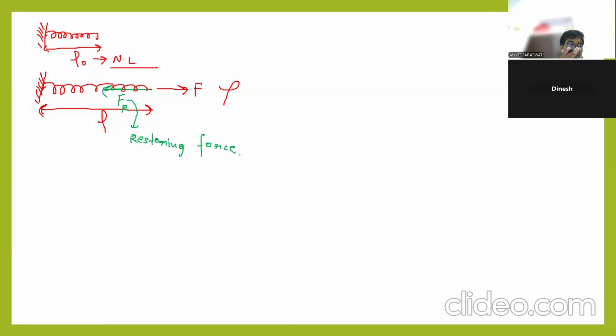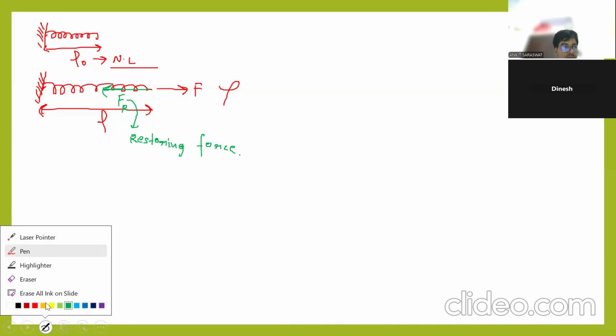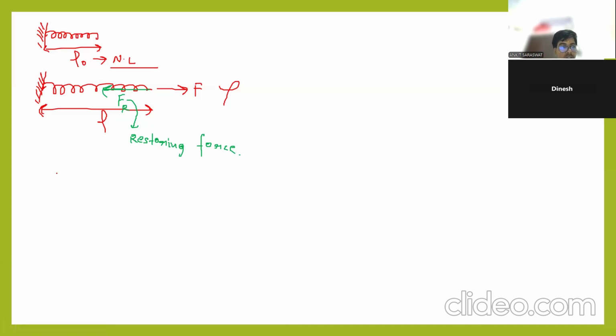Now I will explain what is happening, because every atom is made up of molecules. If I consider a molecule, these are the molecules. Inside a spring, what is there?